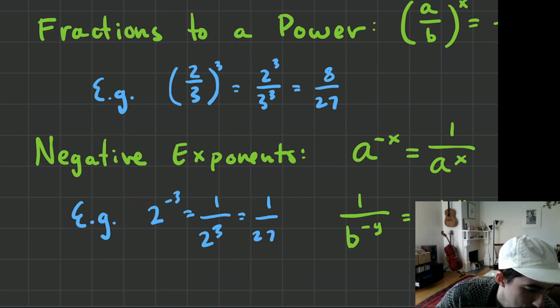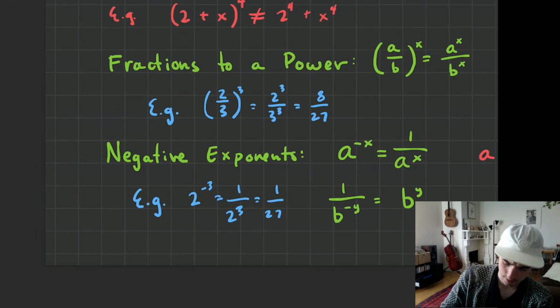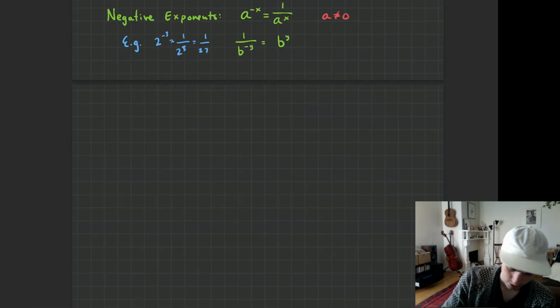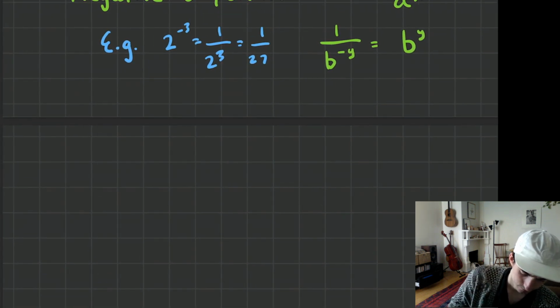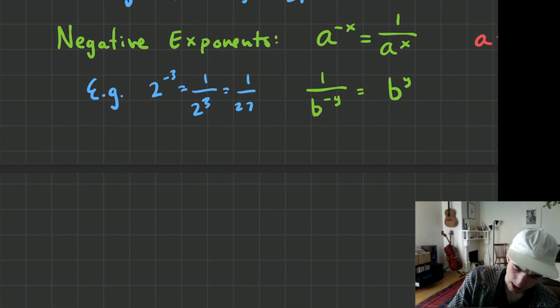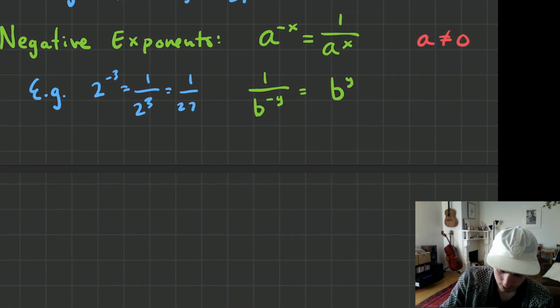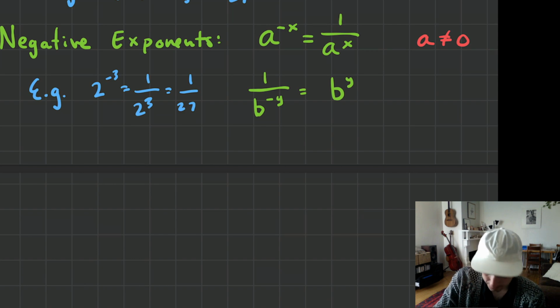There's one more situation too, which is really similar to the negative exponents one. I'll just keep it within the negative exponents. Another situation is if we were to have a over b to the power of negative x.